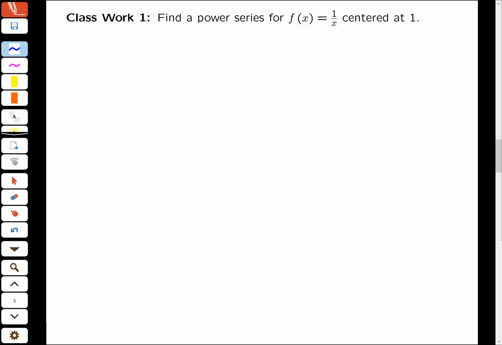You guys get to try one. Yours is centered at c equals 1, and you have f of x equals 1 over x. That means if you wanted to write it as anything, that would be 0 plus x to get that first term in there. But that's where you're starting. You guys all have the handout, right? So I can put it up on the previous slide.